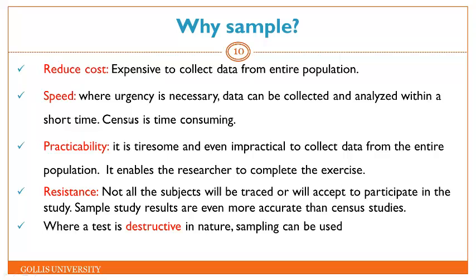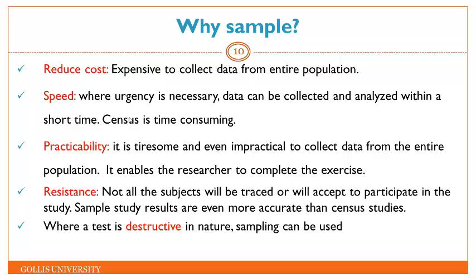Census is a data collection method which involves collecting data from the entire population without using any sampling, but rather you collect from the whole population, whether it is 1,000, 10,000, 100,000, or 1 million, you have to collect data from all.